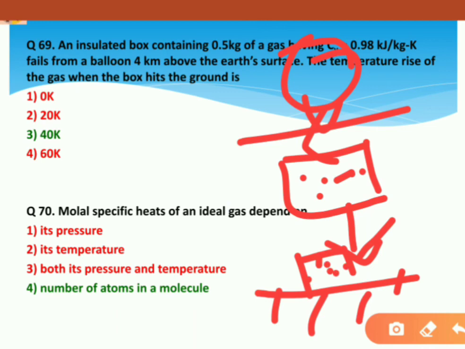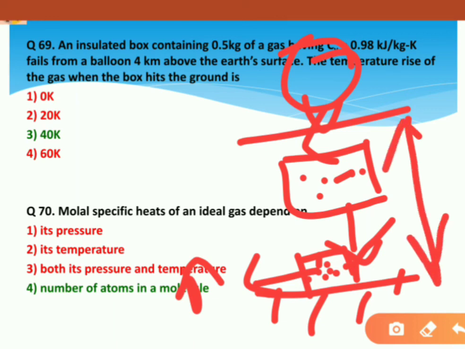Then inside that box, the gas temperature will increase. The height is given, 4 kilometer, and the mass of the gas is 0.5.